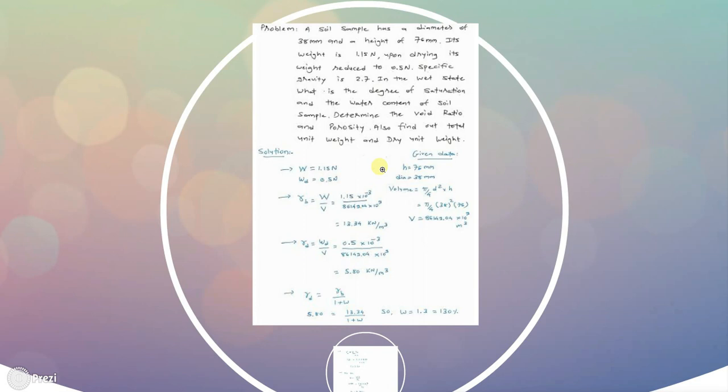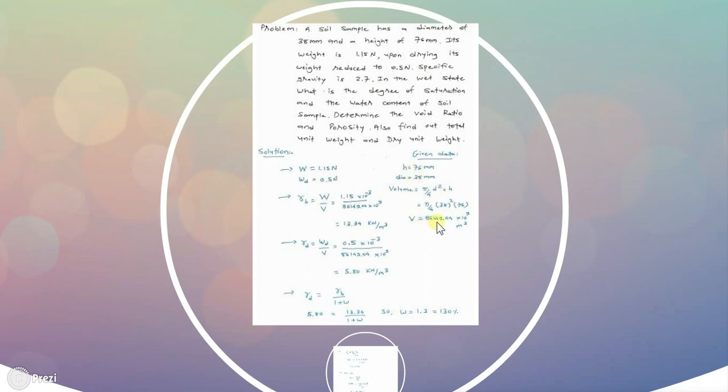Here I am provided height and diameter of the sample, so I can find out volume easily. As the sample has some diameter, it is in a cylindrical shape, and volume for that will be pi by 4 d square into h. I have the value of diameter as well as height.